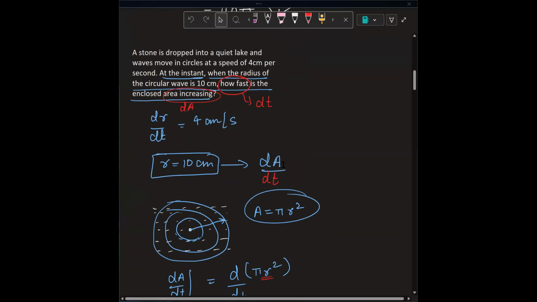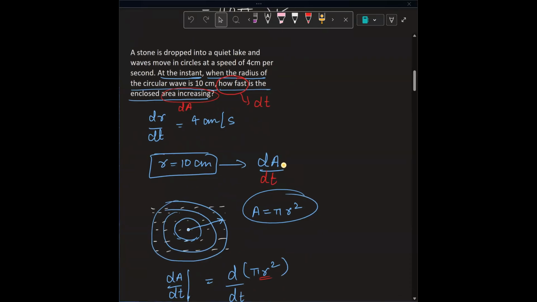Okay. So see, in the second question, we did: a stone is dropped into a quiet lake. Quiet lake means there is no movement, and waves move in a circle with a speed of 4 centimeter per second. So what data should we extract from this line?